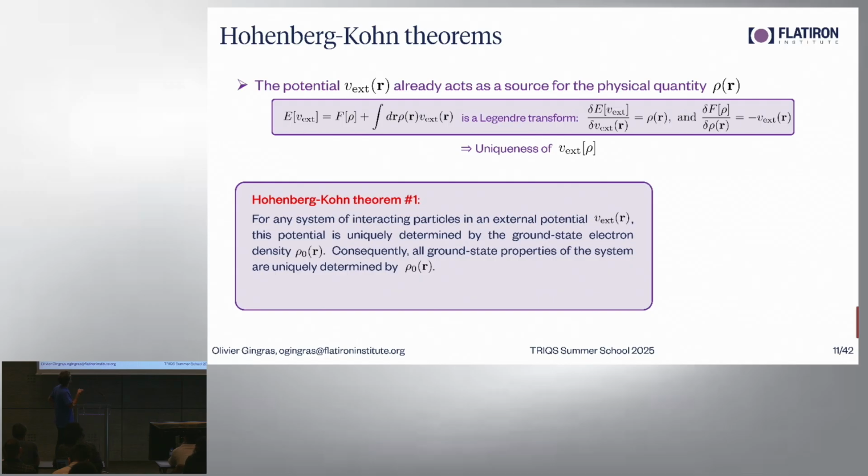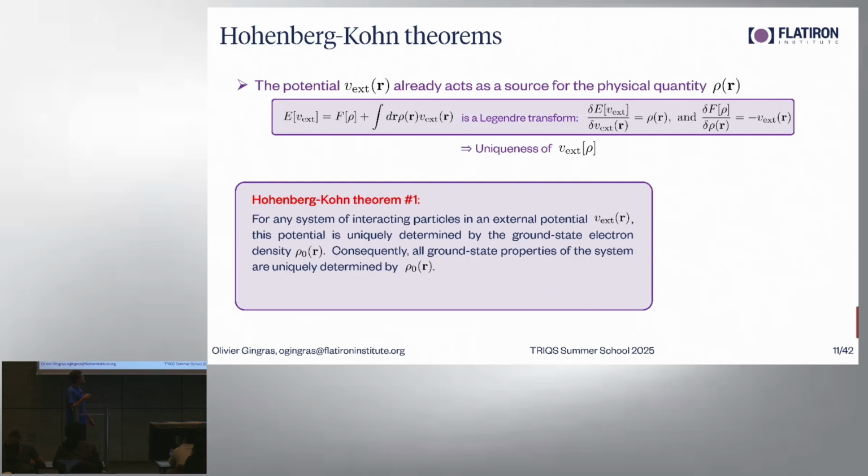So for any interacting system of particles, given by the very general Hamiltonian we start with, in an external potential such as this one, there is a unique ground state, and the ground state defines also this external potential.